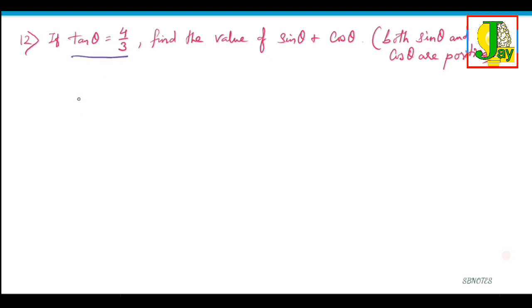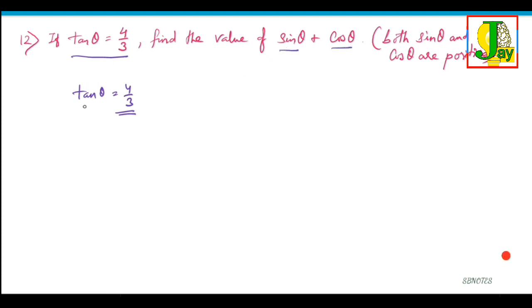Now in this question, tan theta is given. As I told you in the first question itself, in the last class, if you see the video again, you will understand. Given one of the ratios, you can easily find all the other ratios. Using the identities or the Pythagoras theorem, here I'm going to use the identities to find sin theta and cos theta.